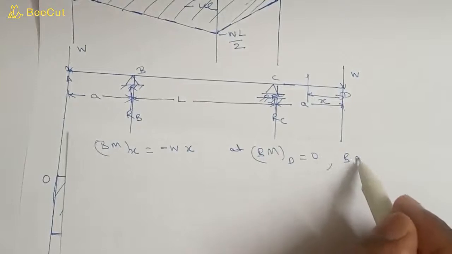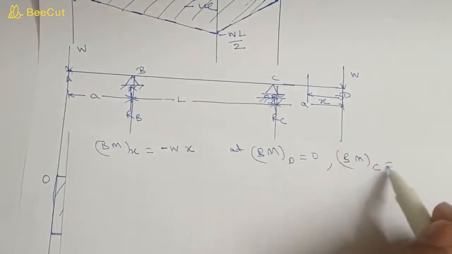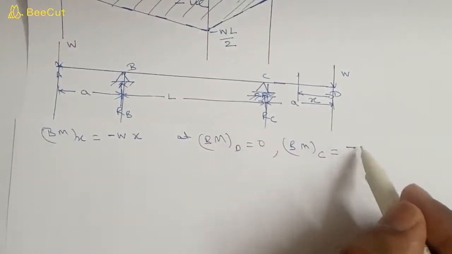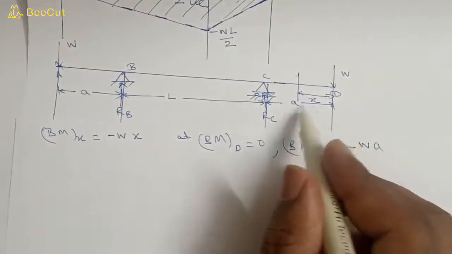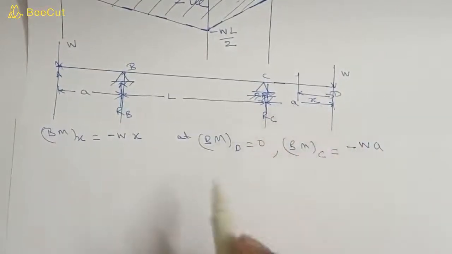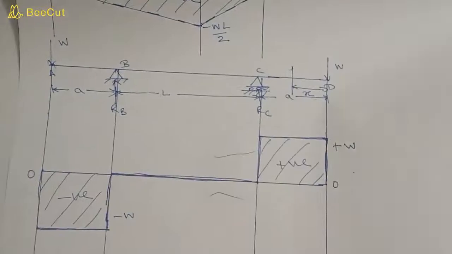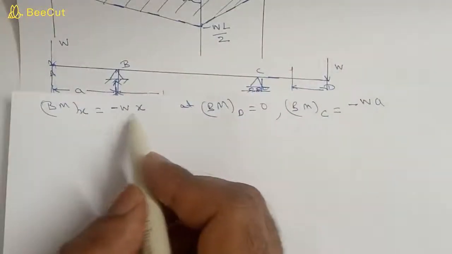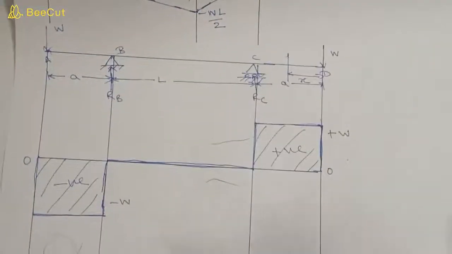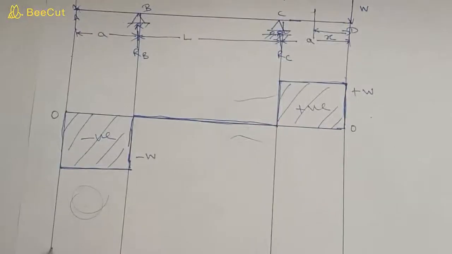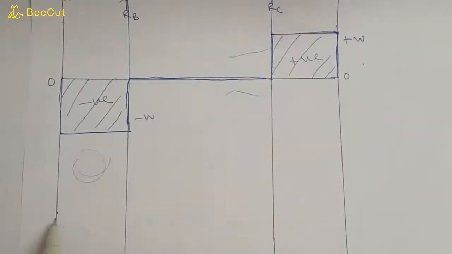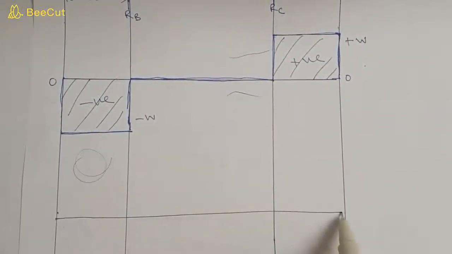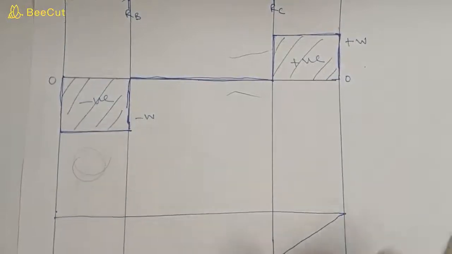Bending moment at C is equal to minus W into a, because x will become a here. So let's draw, and it is linear because minus Wx is the equation of a line. So bending moment will be linear. Let's draw the 0 0 line.